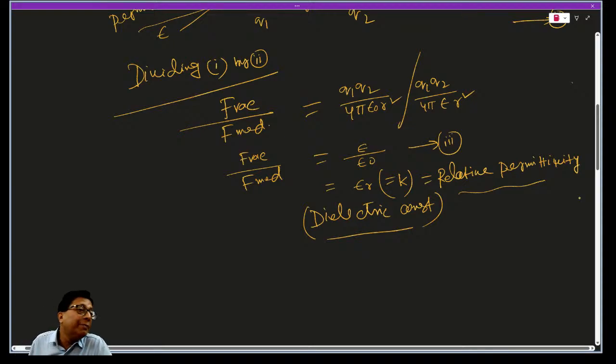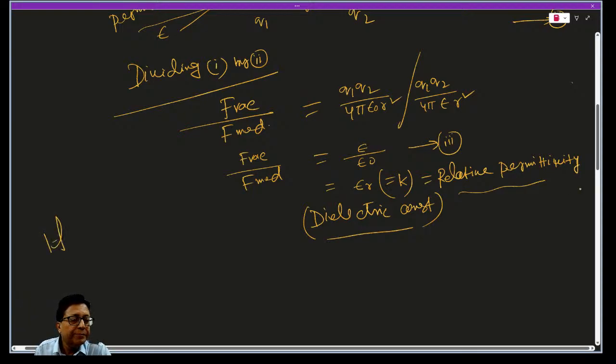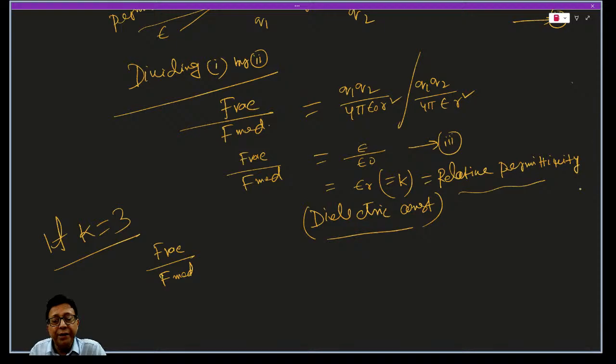So how does it matter? If I say that the value of K in oil equals 3, or in a medium, if for oil you are not able to accept K equal to 3, what do you get? F vacuum by F medium will be 3.